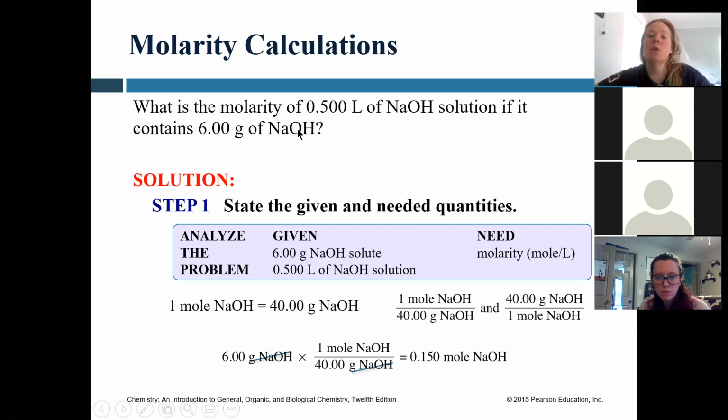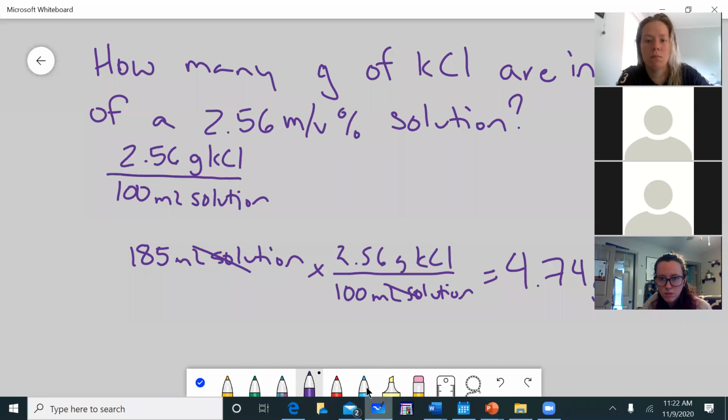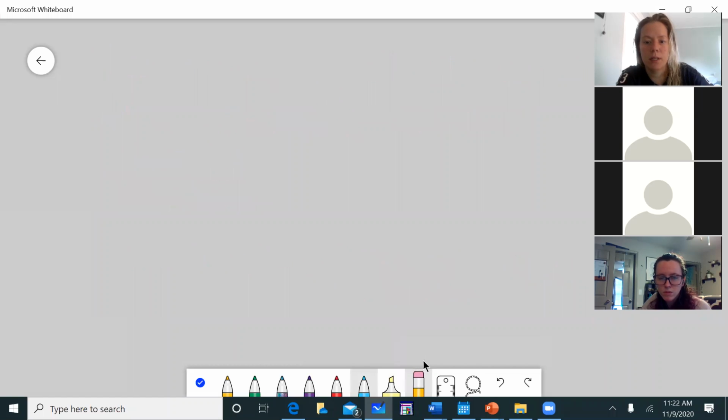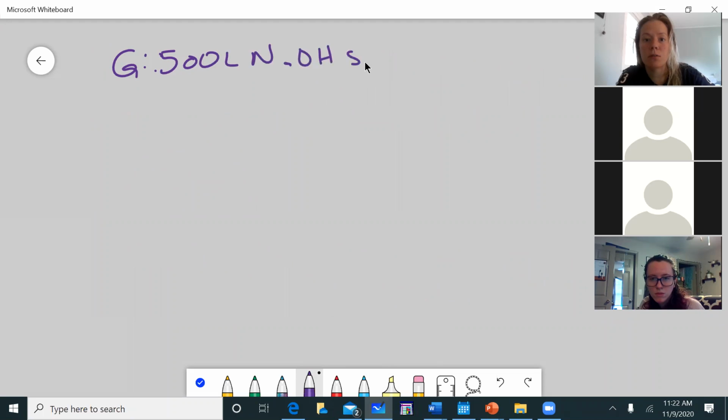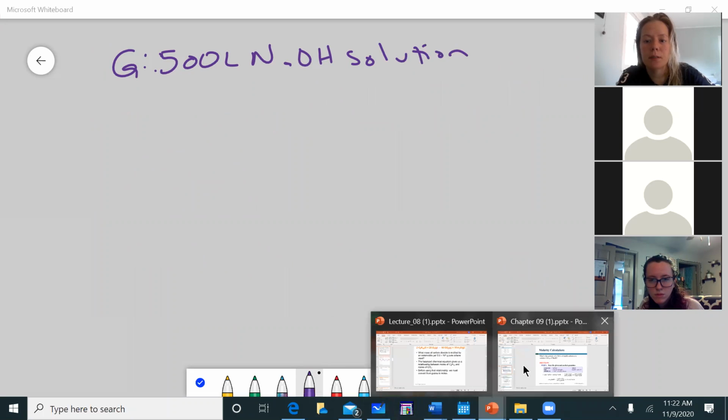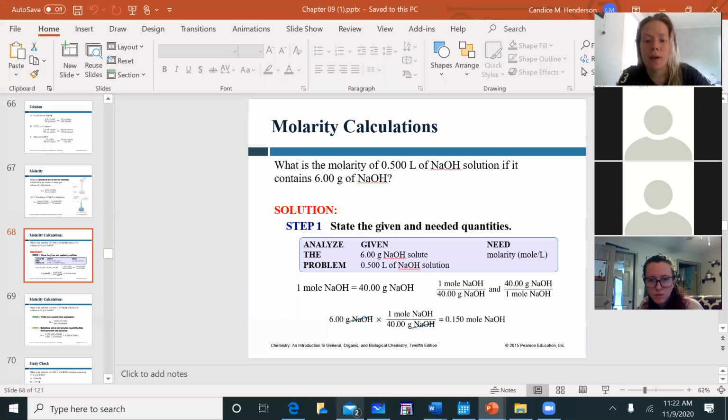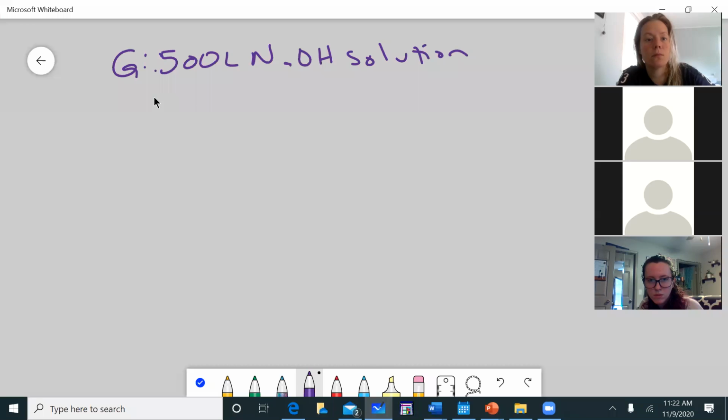So let's look at this one here. It says, what is the molarity of 0.500 liters of an NaOH solution if it contains 6.00 grams of NaOH? I'm going to rewrite this on my whiteboard. So our given information here is we have 0.500 liters of an NaOH solution, and we also know that we have 6.00 grams of NaOH.